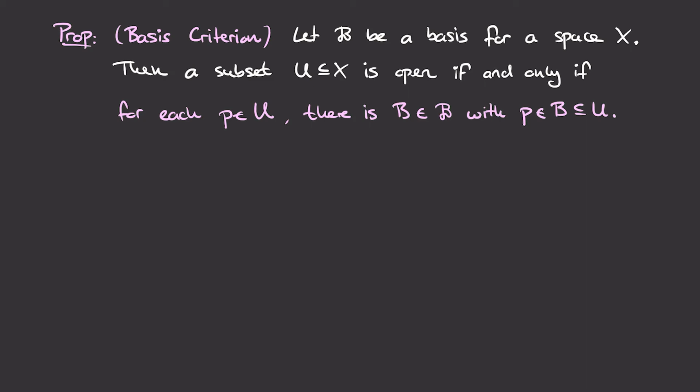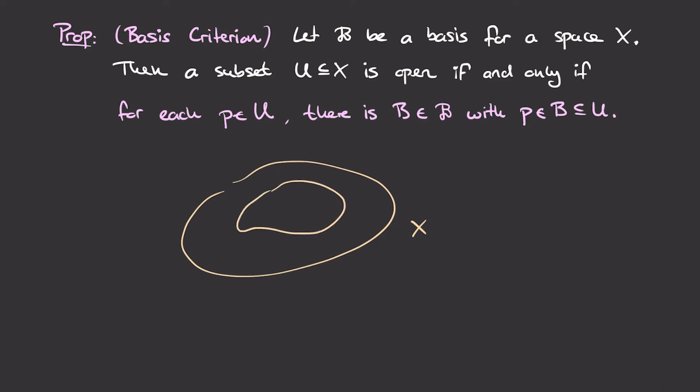This is perhaps a bit convoluted, so I'll draw a picture. We have some space X, and we have some subset U of that space. Now we want to find out whether this subset U is open or not. The basis criterion gives necessary and sufficient conditions for U to be open.